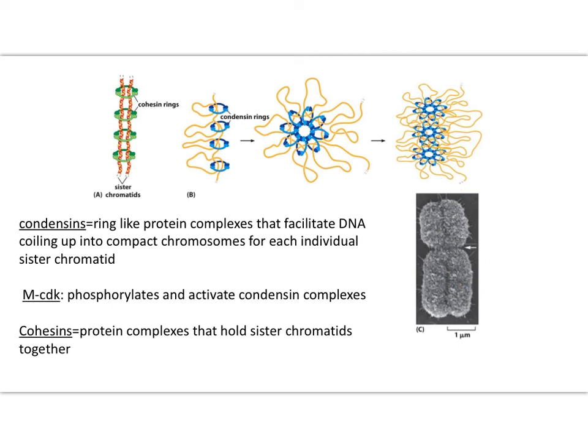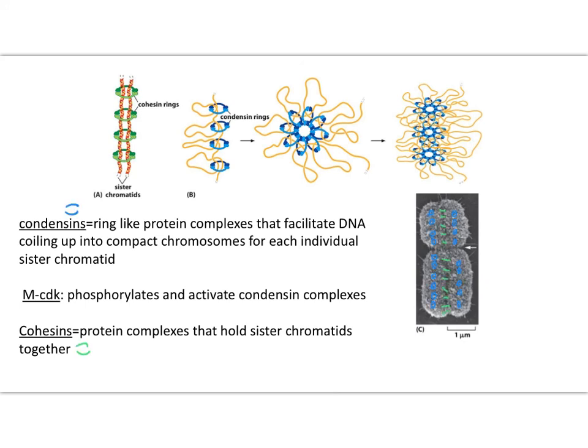Notice that the duplicated chromosomes are peculiarly very close together. That's not an accident. That's due to cohesin rings, a second protein complex shown here in green, that run the entire length of the chromosomes and hold them together very tightly up until the end of metaphase. So you should know the difference between these two protein complexes.